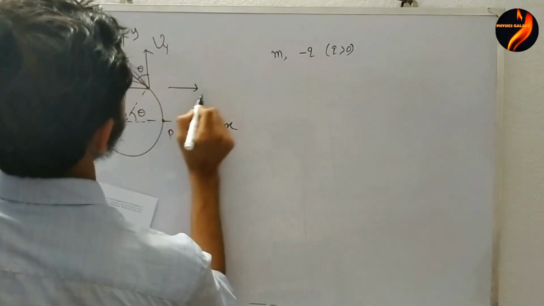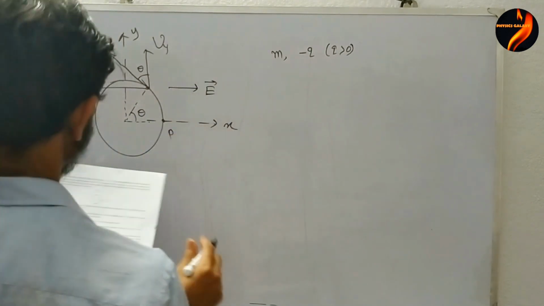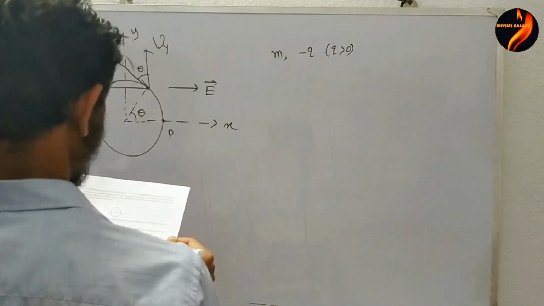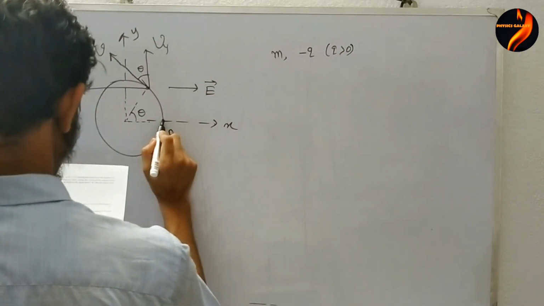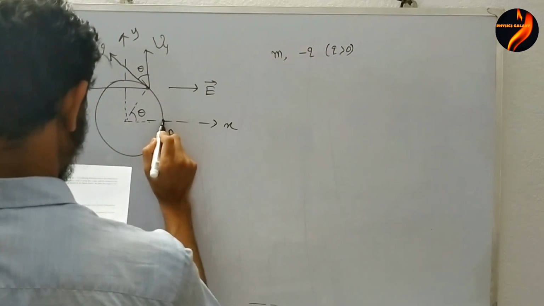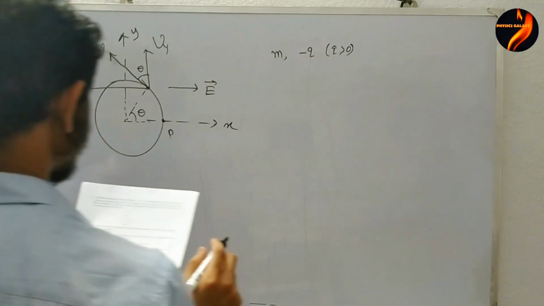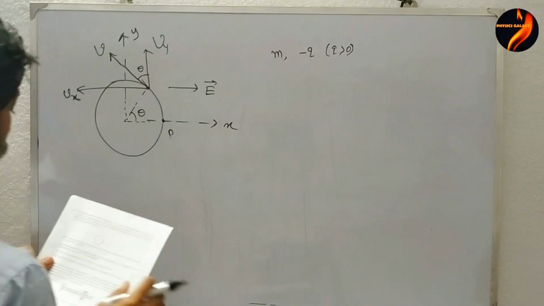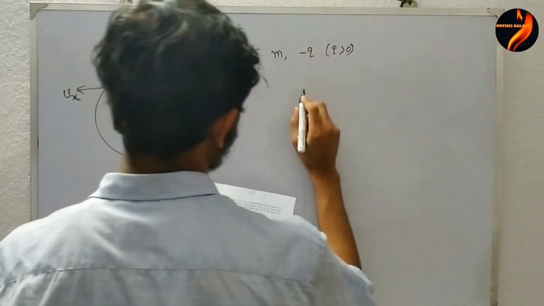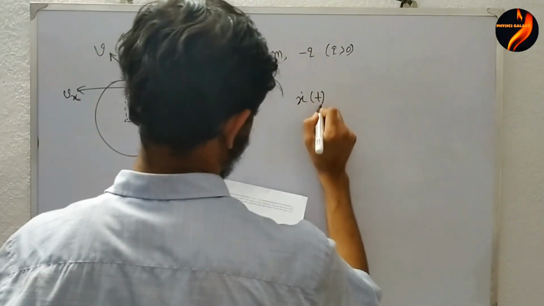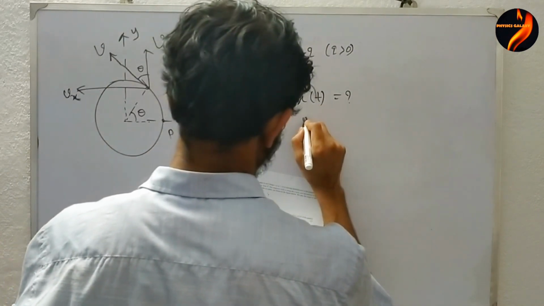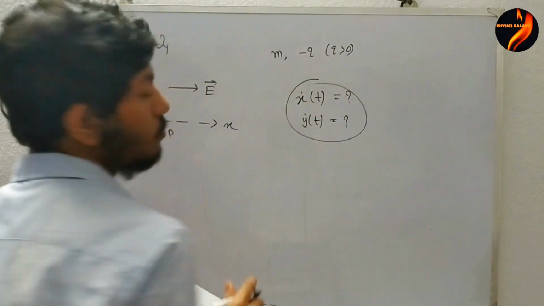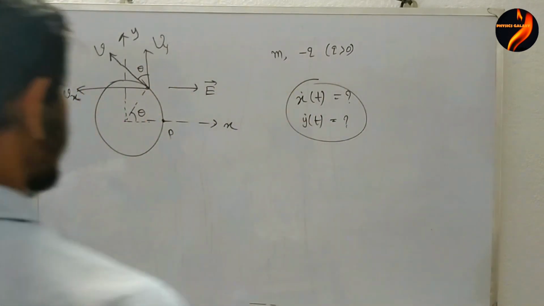Now in this direction a constant electric field is applied, and the particle is at y equal to 0 at point P. You can take this as the reference time t equal to 0 for the next part. And now write down the expression for x dot and y dot. I have to find out these two quantities.